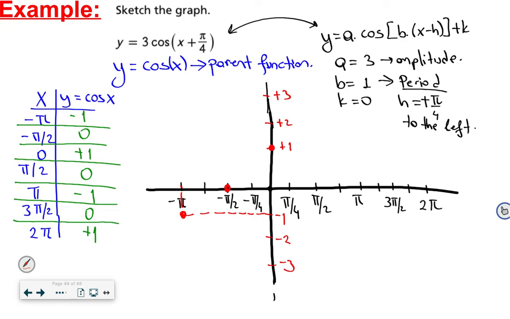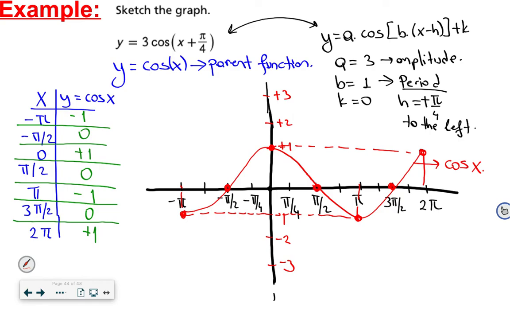If we give pi over 2, it's going to be 0 as well. If you give pi, then you will get negative 1. If we give 3 pi over 2, it's going to be 0. And if we give 2 pi, it's going to be positive 1. When you connect the points, you will get the graph of the original function, cosine x.